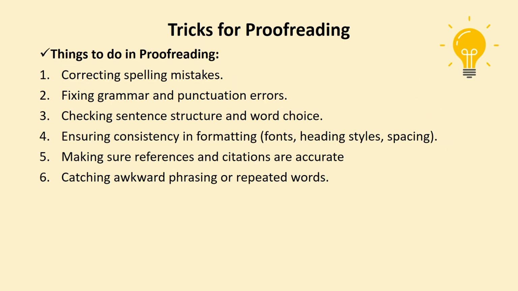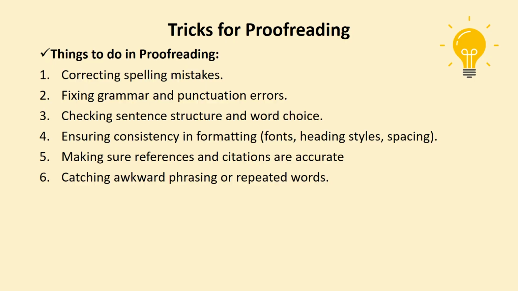Tricks for proofreading, very important. This will help you understand what actually to do. Correcting spelling mistakes. There will be a spelling mistake sometimes. Correct it. Fixing grammar and punctuation errors. When you are correcting your grammar and punctuation, it makes you more formal and professional.